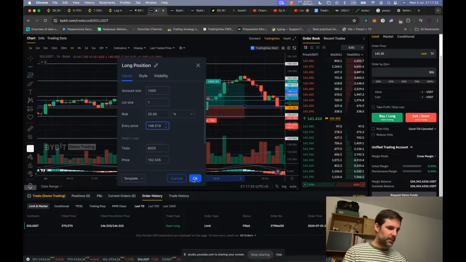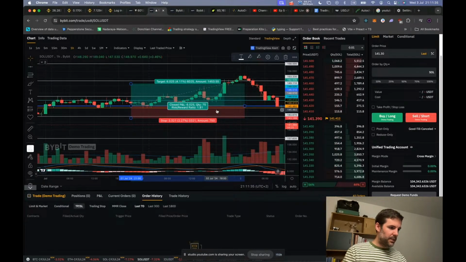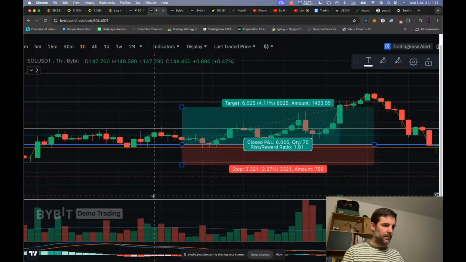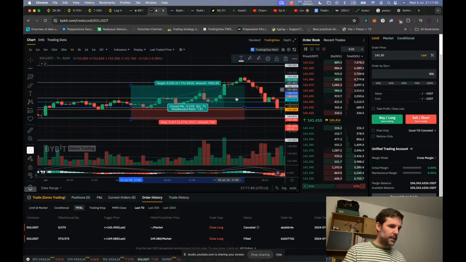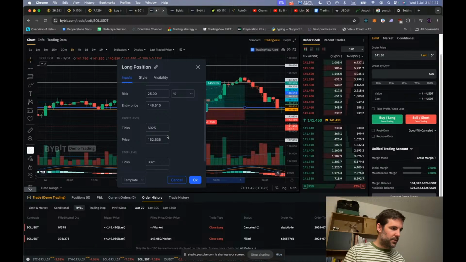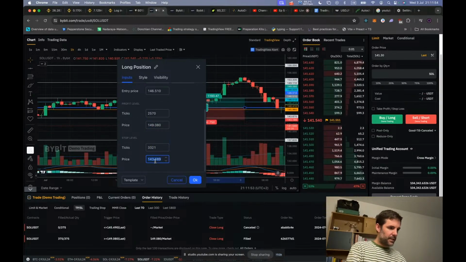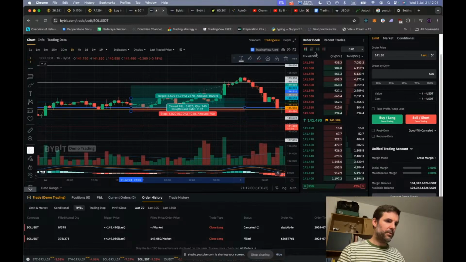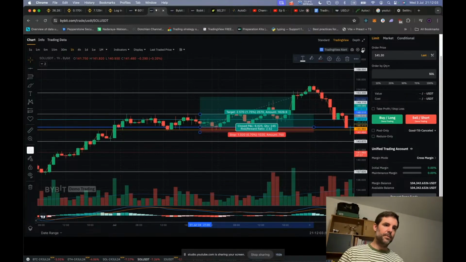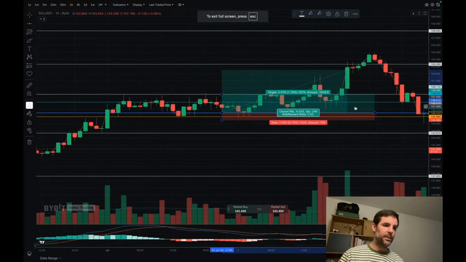Okay, that's our entry. And then TP/SL. Let's now add the proper ones. So take profit 149.08, right? And then stop loss 145.490. Okay, so now we have our tool. It's done.